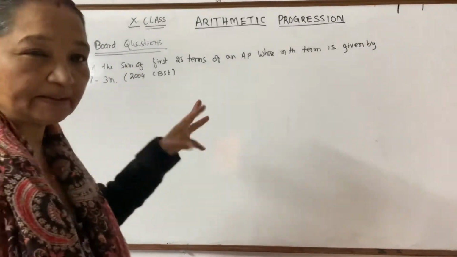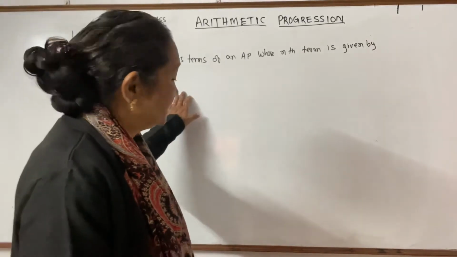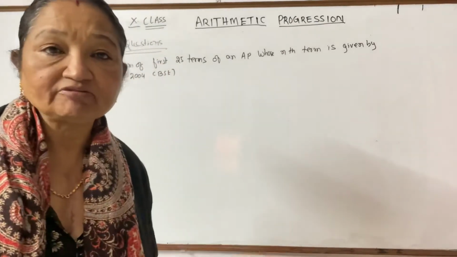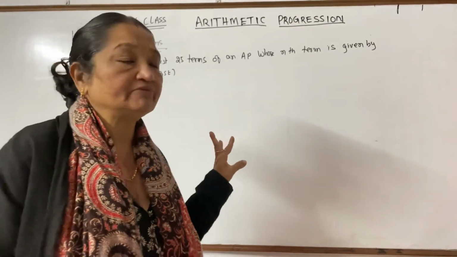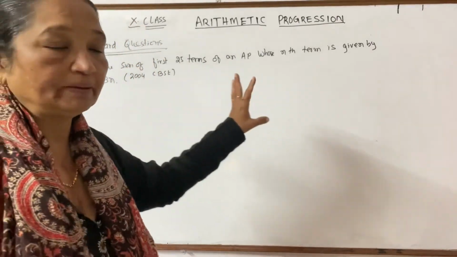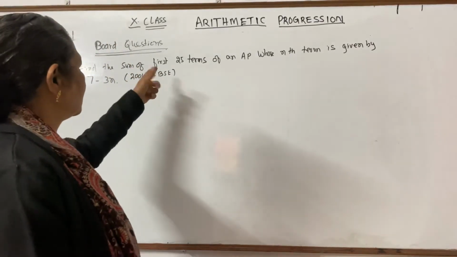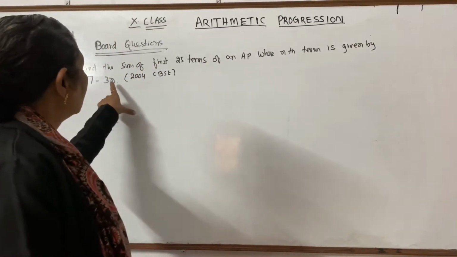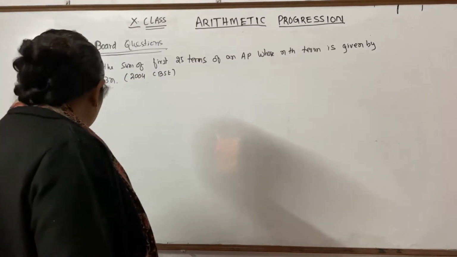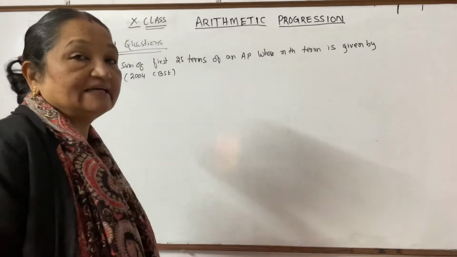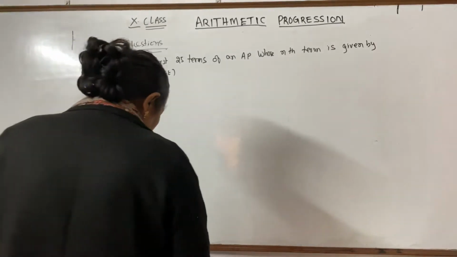So three papers will be there in boards, three types, A, B, C. In one of the two papers this same sum is given, but they only changed the numbers. There it was 2 minus 3n. Here it is 7 minus 3n. In both, the nth term is given.